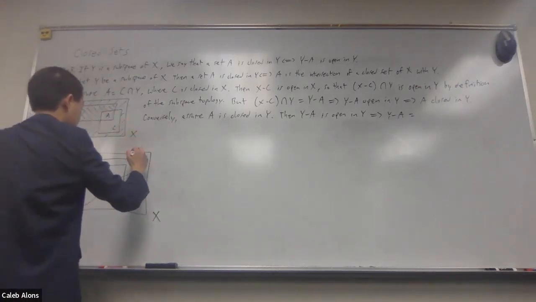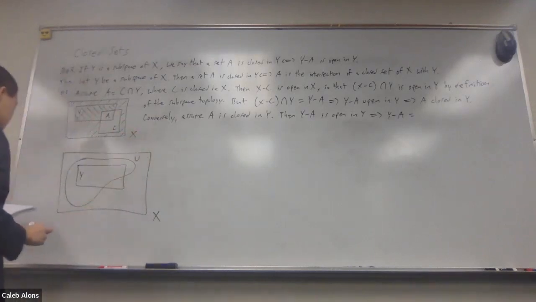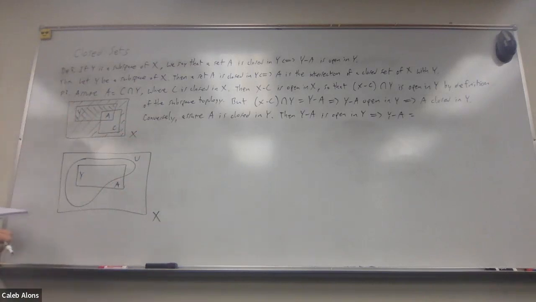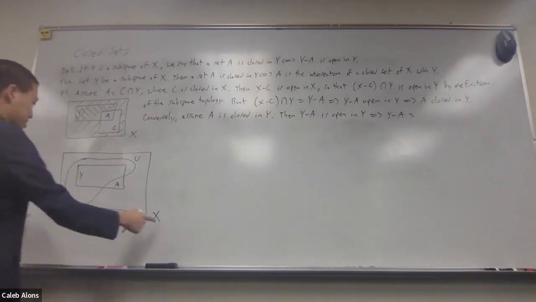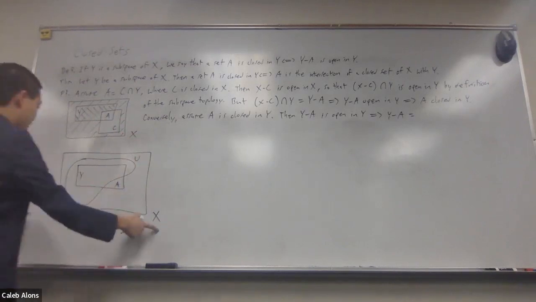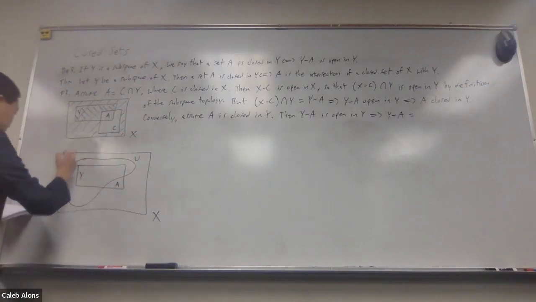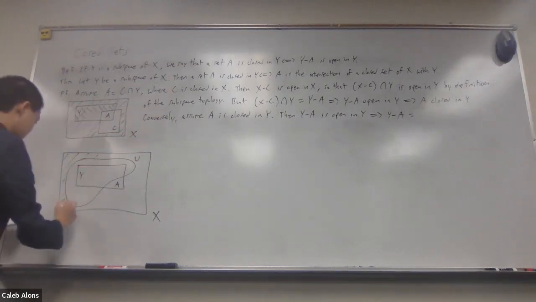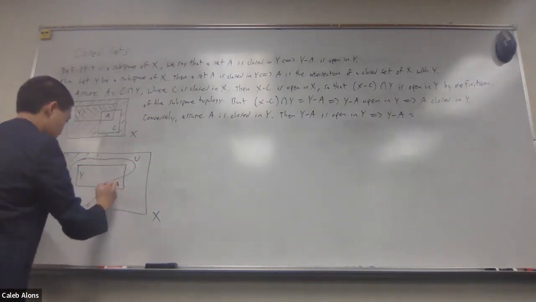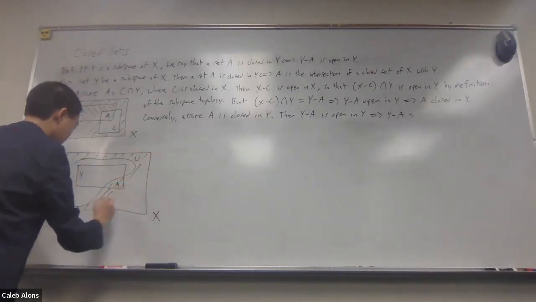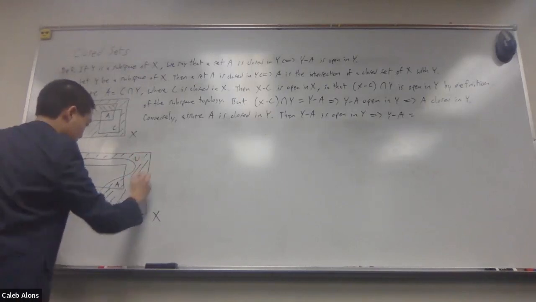So I'll call this U, this will be open, and this will be A here. And so the complement, X without U, since U is open, will be closed in X. So I'll put that in this dash outside here. And that actually does include the A.